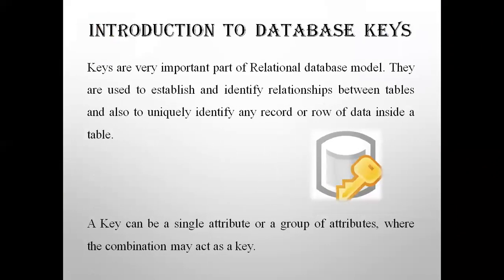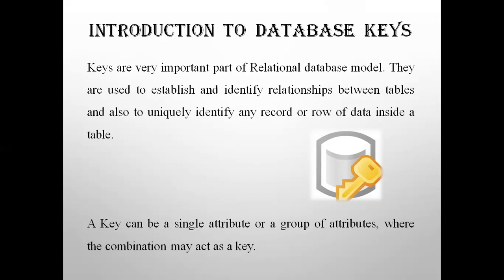In the previous session, we learned that the relational database is a type of database that stores and provides access to the data which is related to one another. They are based on the relational model, which is a structure to represent data in the tables or the relations.